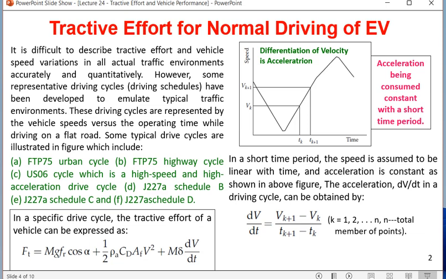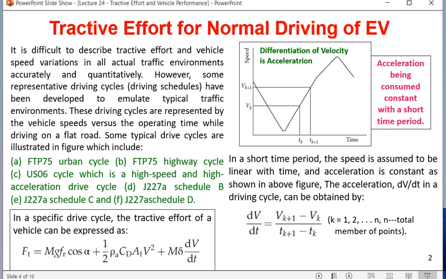This you can say is proportional to the tractive effort or power generated for normal driving in EV. So in a specific drive cycle, the tractive effort of a vehicle can be expressed as Ft. Previously we have seen the equation for Pt, that is the tractive power. Whenever we integrate the tractive power over time, we actually get the tractive force.